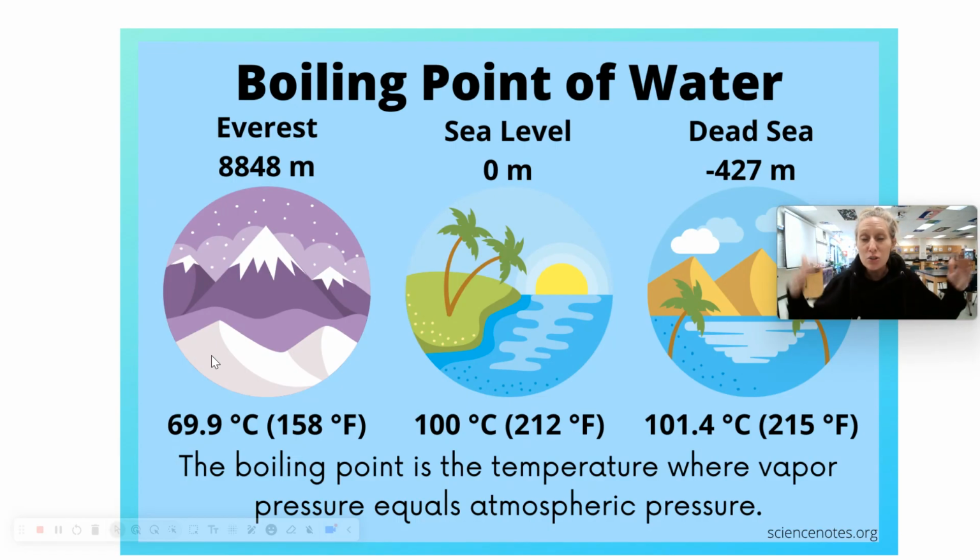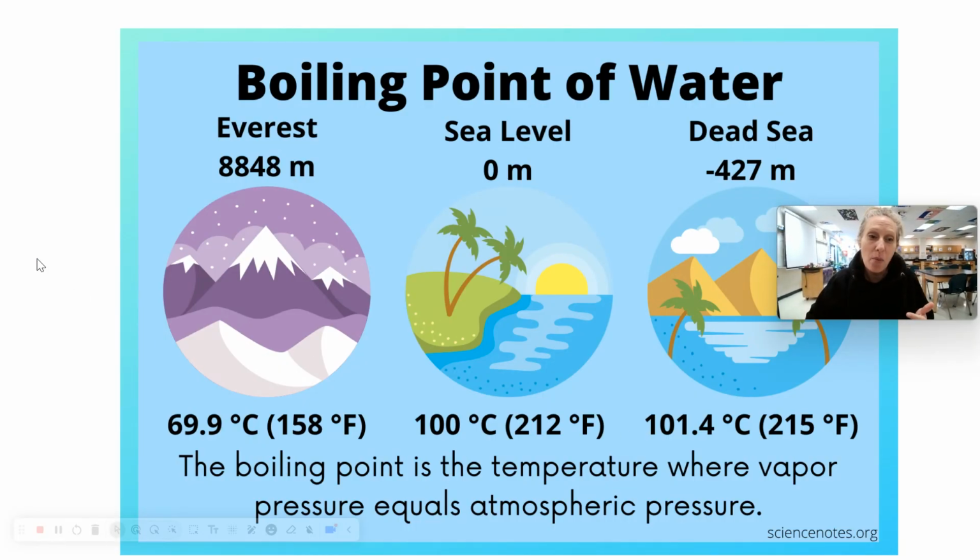However, when you actually change your location in altitude, it can impact the ability of water to boil or freeze. So at the top of Mount Everest, again, water will boil at about 70 degrees Celsius. That's not that hot. I mean, it's not hot boiling like what we would think, right? But at the Dead Sea, you have to raise the temperature above 100 degrees to get it to actually boil.